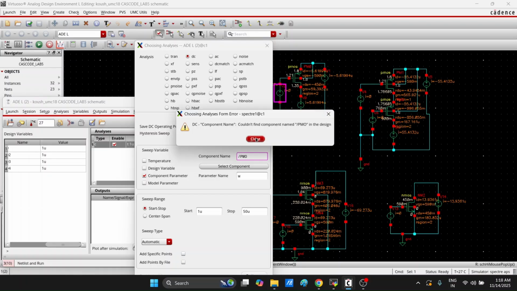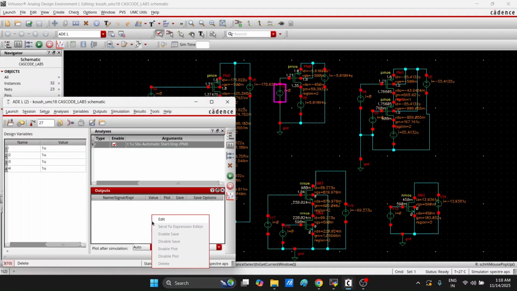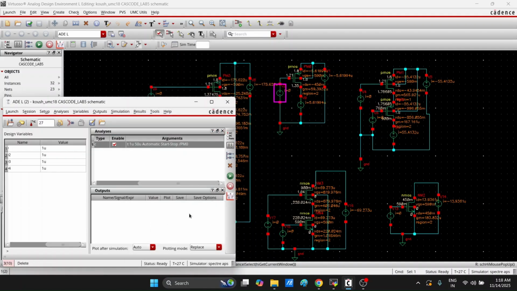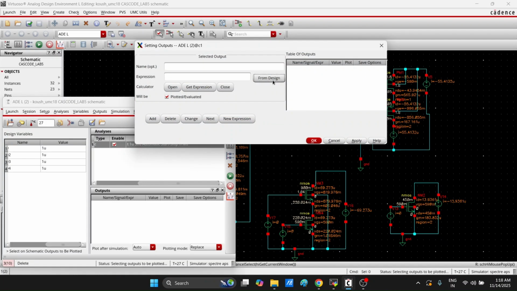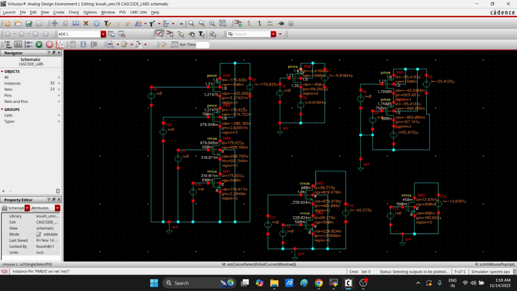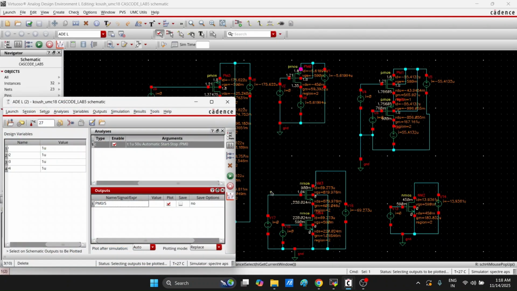So again we will sweep the width from 1 micro to 50 micro. Also there is a good tip or trick. If you have any transistor whose width is more than 25 micro, then you can choose the fingers as 2.